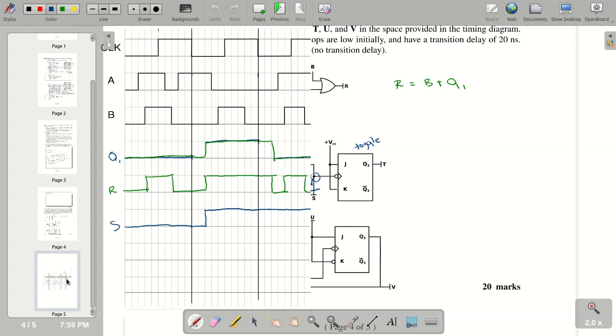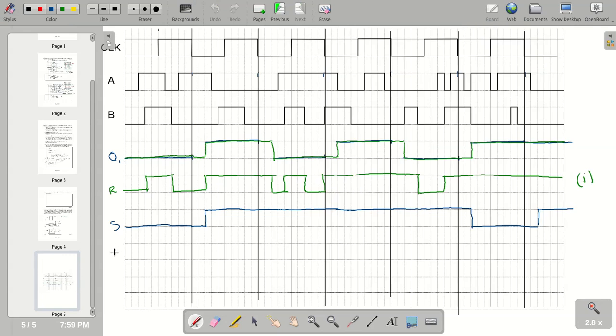Let's go back over here and then let's write T, and then what we need to do is, right, T is initially 0 that we can get, and then we just need to see when S goes from high to low, so it's at this point over here, we need to toggle the state.